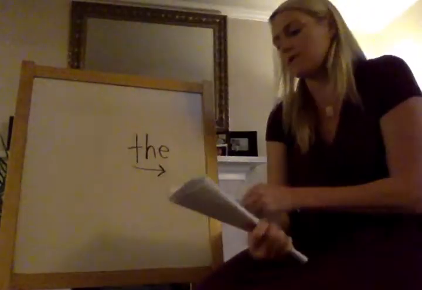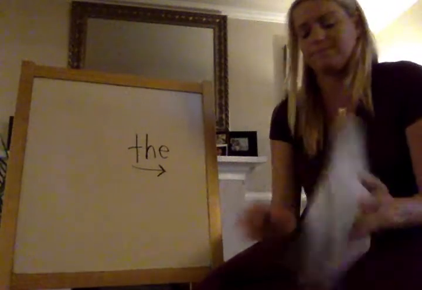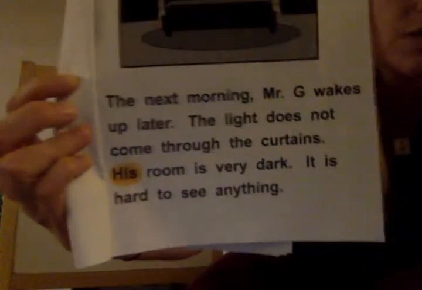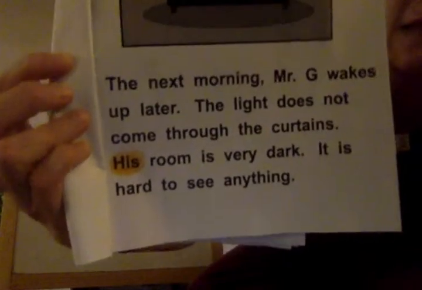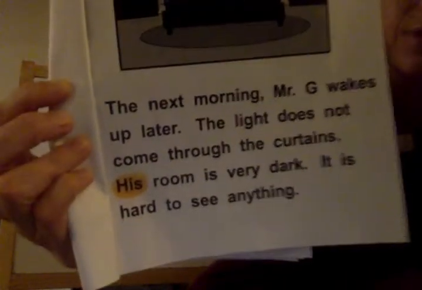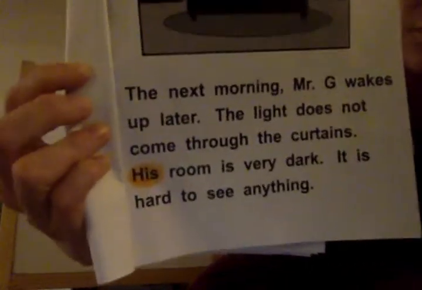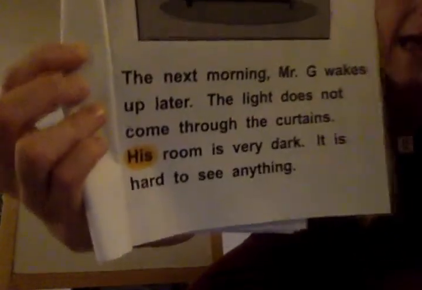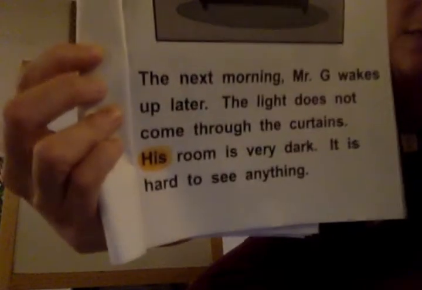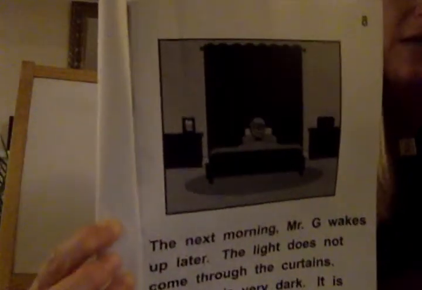All right, turn the page to page 8. The next morning, Mr. G wakes up later. The light does not come through the curtains. His room is very dark. It is hard to see anything. How many times do we see the word the on page 8?